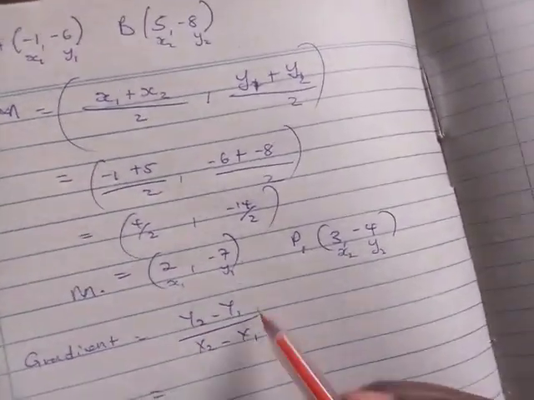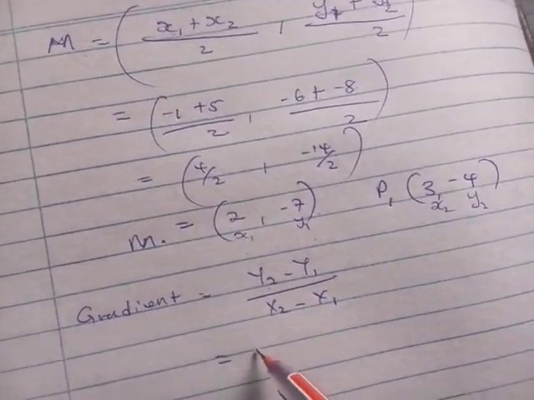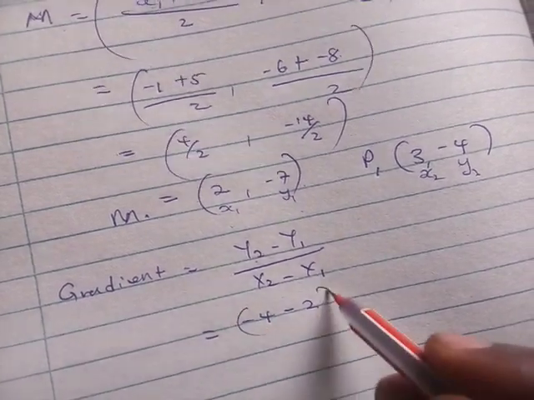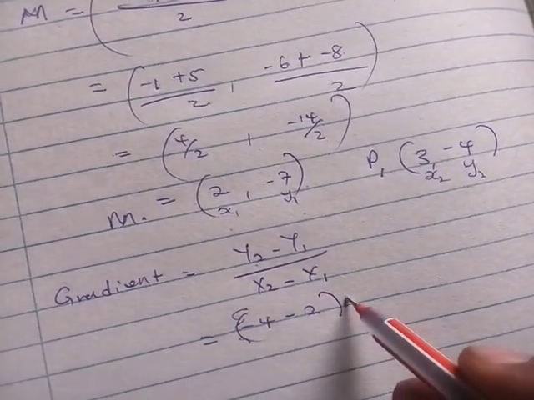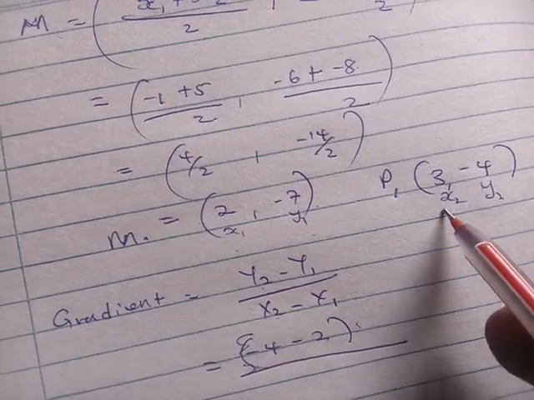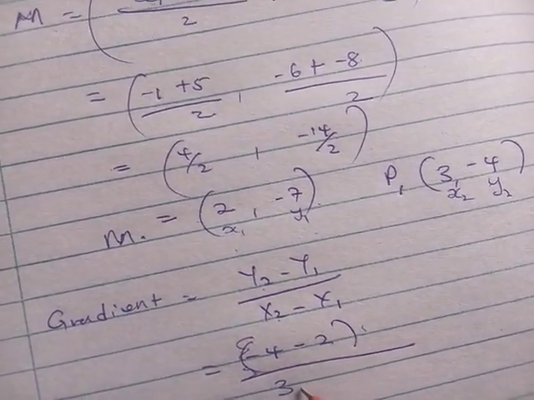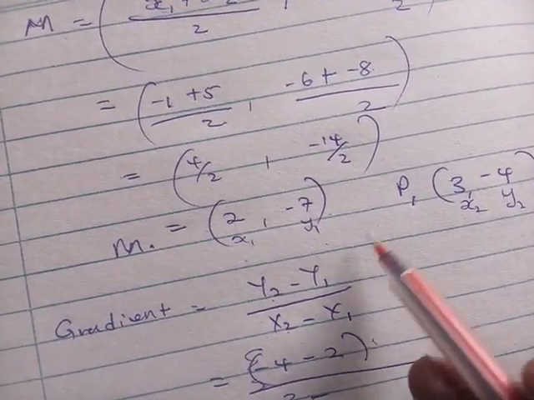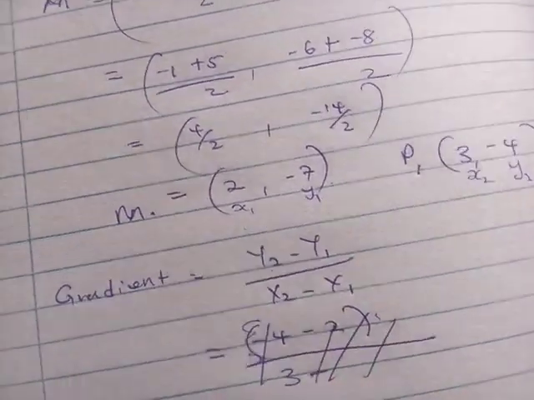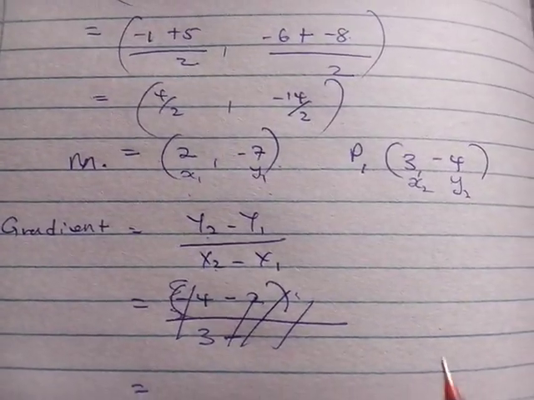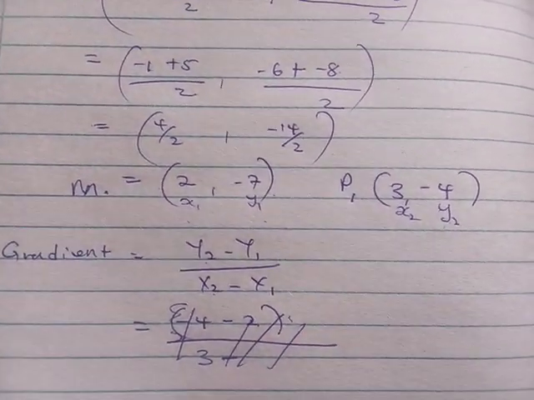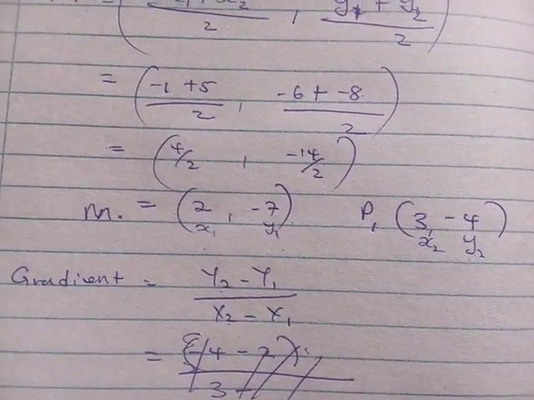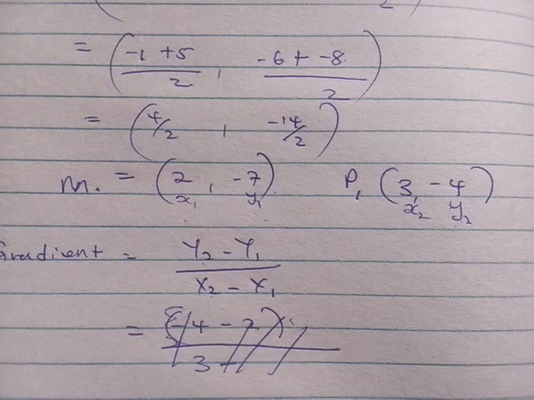So it doesn't matter. So y2 here is -4 minus y1, which is -7. I've made a mistake. Okay, y2 here is -4, then y1 here is -7. Yes.